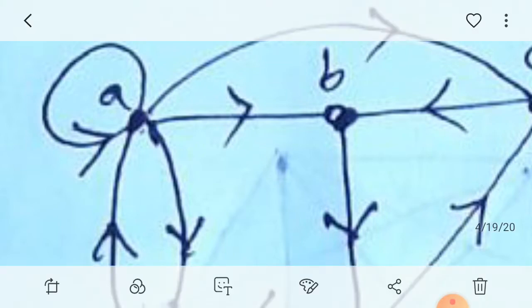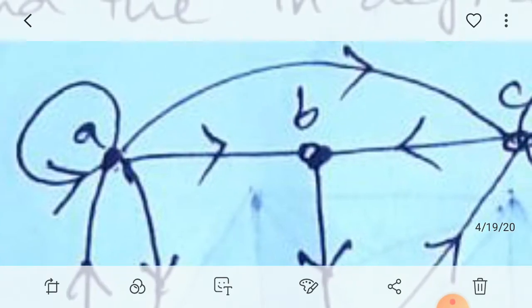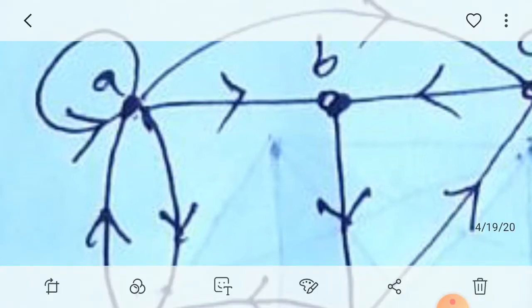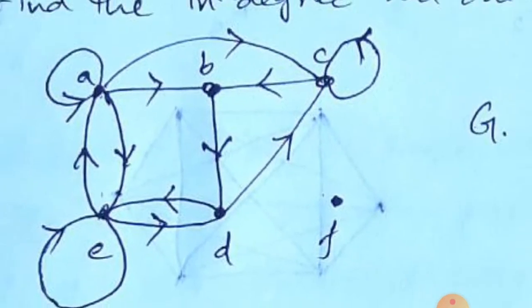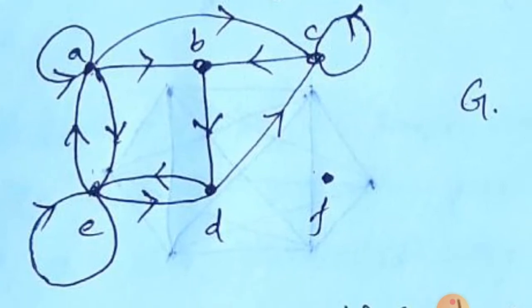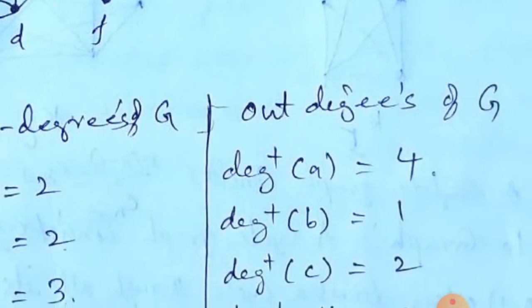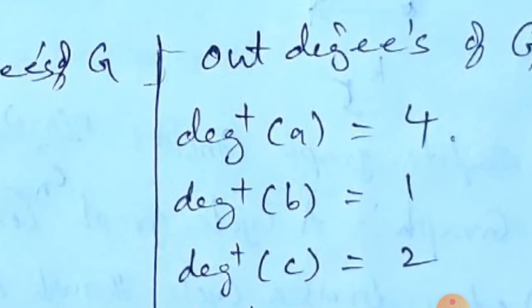One edge is the loop, so we calculate this one, and the others have arrow marks going from A. So 1, 2, 3, 4. So 4 edges have arrow marks going from A, and that is called the out degree. So the out degree of A is 4.